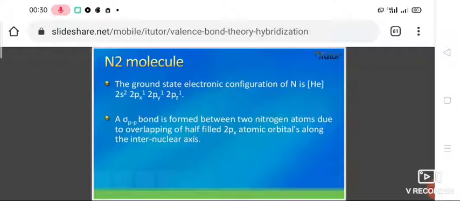Next, nitrogen molecule. Here nitrogen is 2s2 2p3. So in this, each p orbital has a single electron. So how many bonds are possible? Three bonds are possible between two nitrogen atoms. If three bonds are there, one is a sigma bond and the other two will be pi bonds.